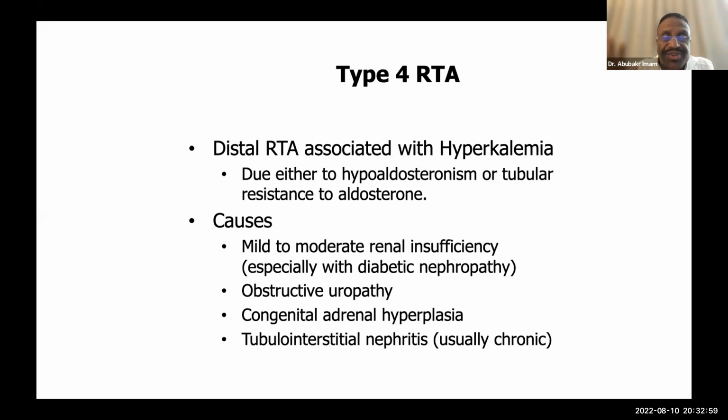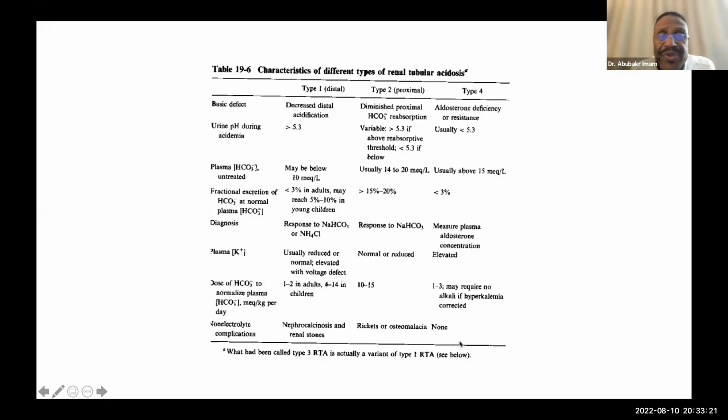Any kind of obstruction can give you type 4 renal tubular acidosis. If you want to remember type 4, it is the cousin of type 1. However, the defect is in aldosterone, and you have a problem with potassium excretion. Sometimes congenital adrenal hyperplasia, you think about it, and tubulointerstitial nephritis is there. Just a quick look because of the time.